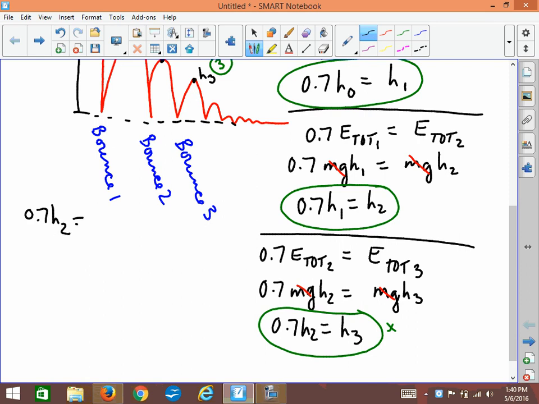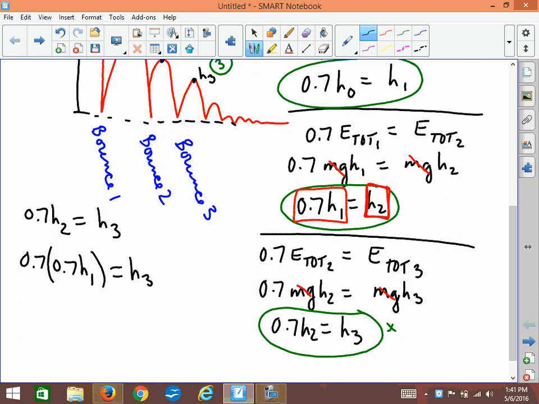0.7h2 equals h3. But if we look over here, h2 is the same as 0.7h1. So I'll substitute that, and I'll get 0.7 times the substitution, 0.7h1 equals h3.